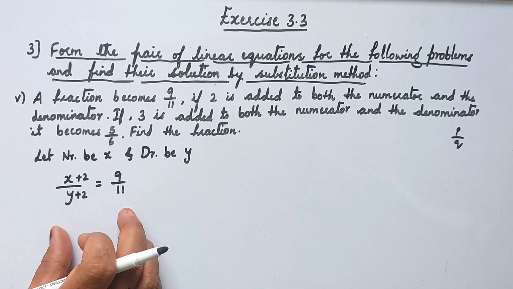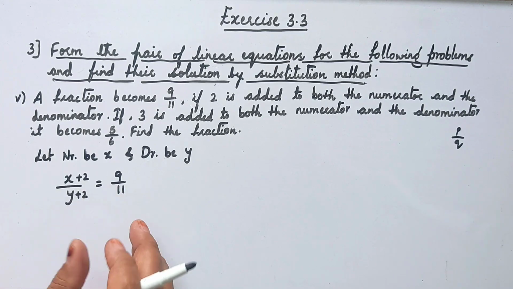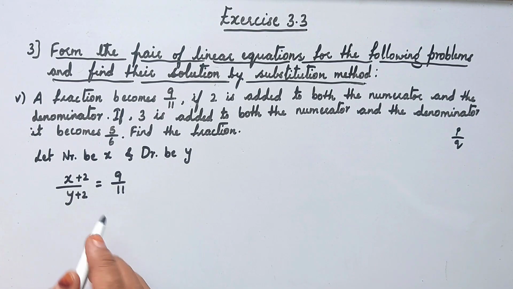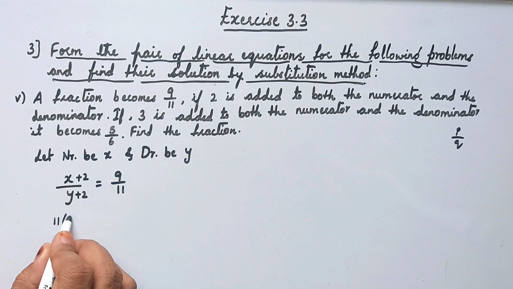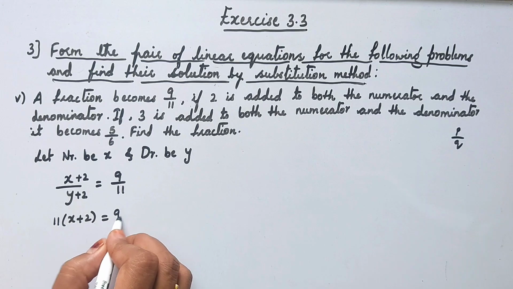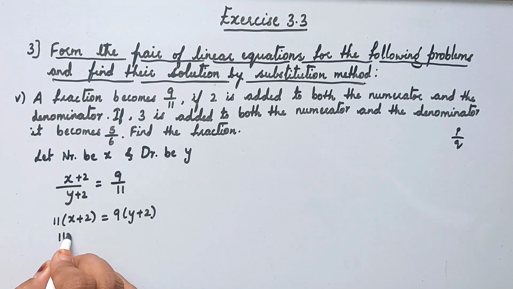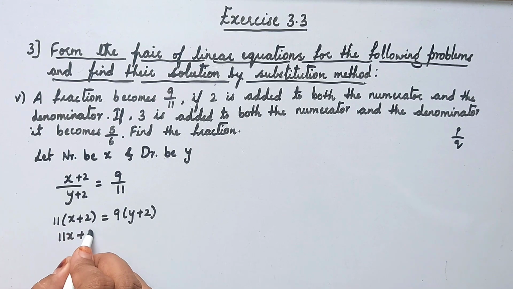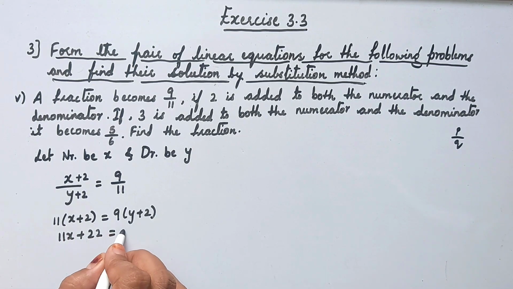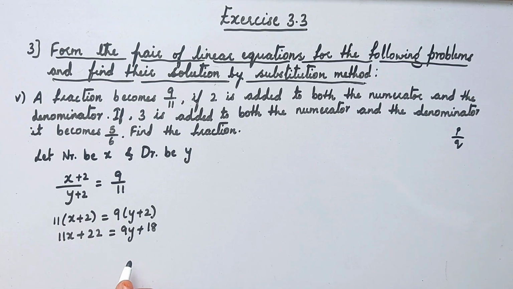So I need to get this in a simple form. Here let me do cross multiplication to get a standard linear equation. 11 into x plus 2 equal to 9 into y plus 2. Okay, this is 11x plus 11 2s are 22 equal to 9y plus 9 2s are 18.